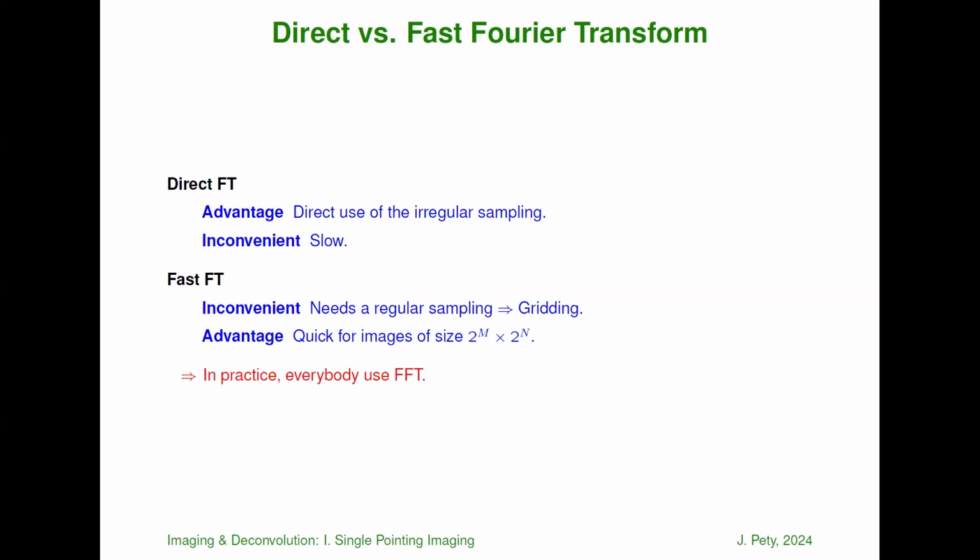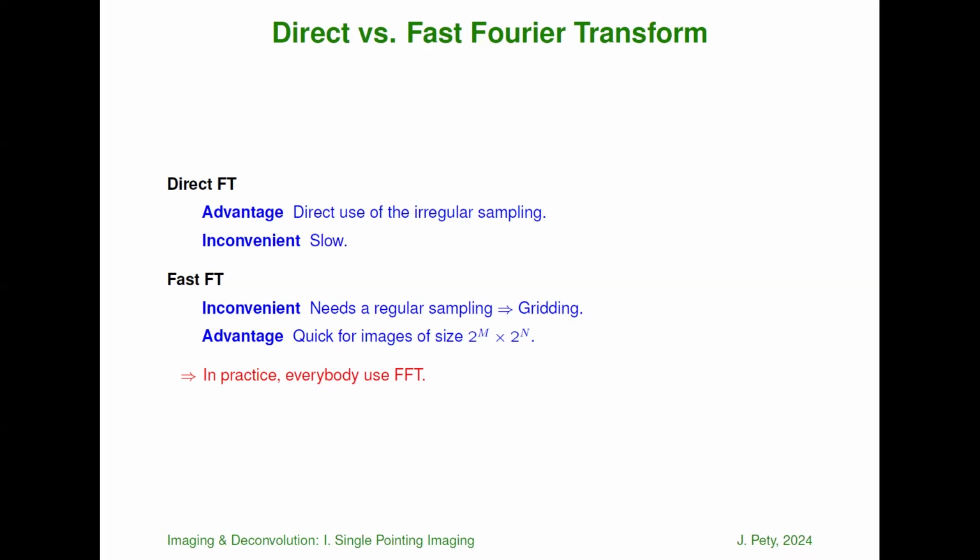But in fact, it's not before the middle of the 20th century, with the fast Fourier transform, that the Fourier transform had plenty of applications in science. And why? It's because with the fast Fourier transform, you have a very quick computation of the Fourier transform when the image size is a power of 2. The inconvenience of the fast Fourier transform is that you need a regular grid.